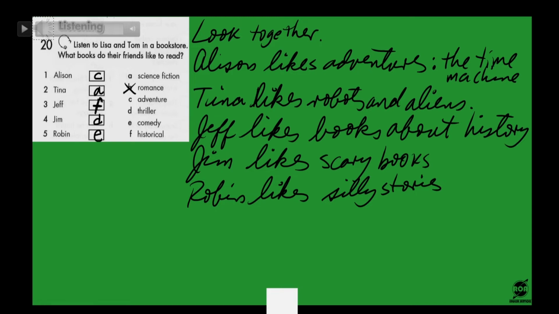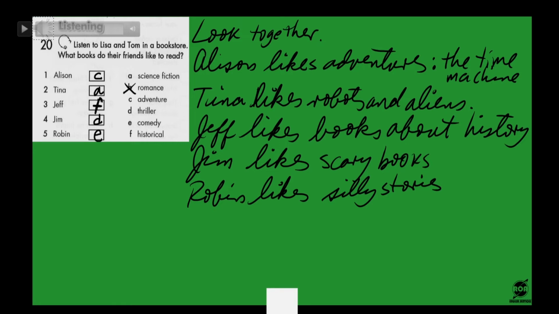Now in this case they're describing these guys, they both got into a library and they start looking for books for their friends. And as they describe some of the books that they like, they also describe the type of books or movies that they like. Therefore, if you like some sort of movies, you might also like the same when it comes to books. So Allison likes adventures. For instance, they mentioned The Time Machine.